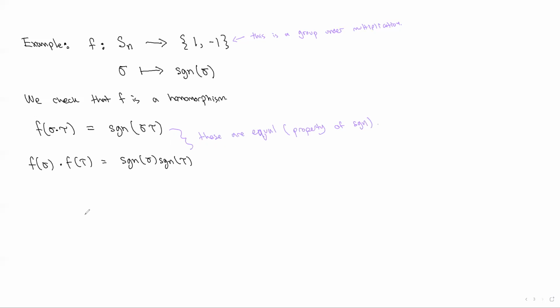I don't know if you guys proved it. I won't prove it because the proof is a bit complicated, and it's not that enlightening, I would say. As in, the technique of the proof won't really benefit you in many situations. So it's best to just remember this result. Although, if you're interested, go see the proof of it. So this is a homomorphism because F of sigma tau equals F of sigma times F of tau.